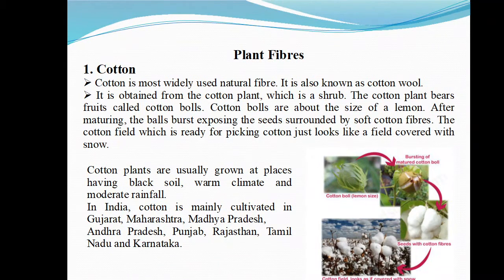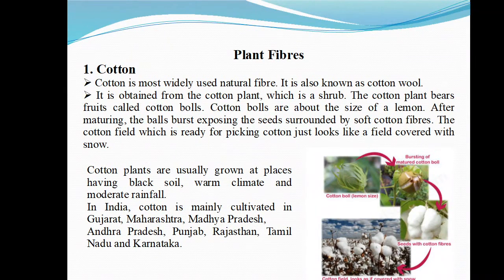The cotton field which is ready for picking looks just like a field covered with snow. You can see the picture and imagine that we have lots of cotton plants, and every plant is bearing that particular fruit having the cotton fiber on it, and it will look like a snow field.